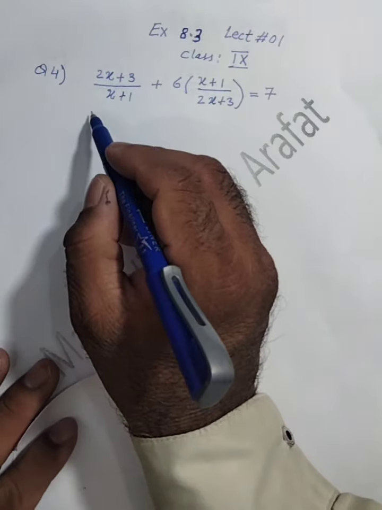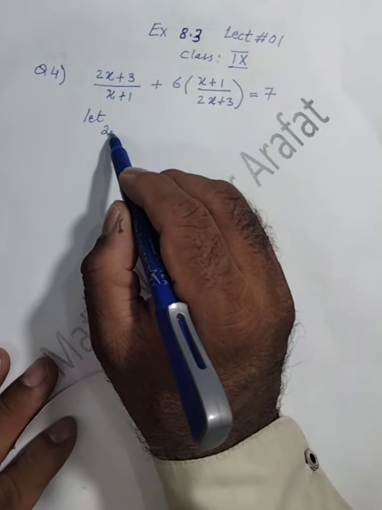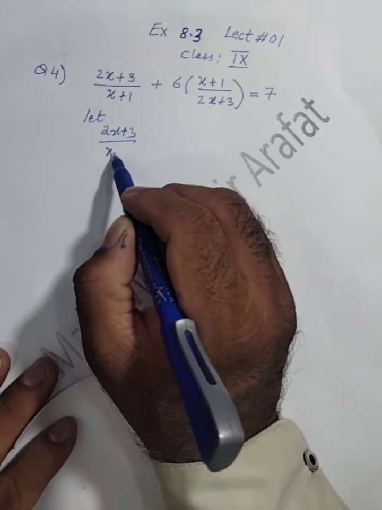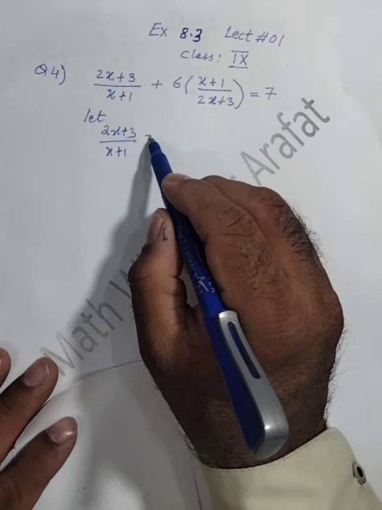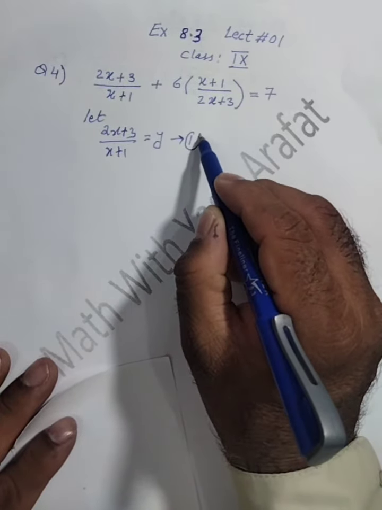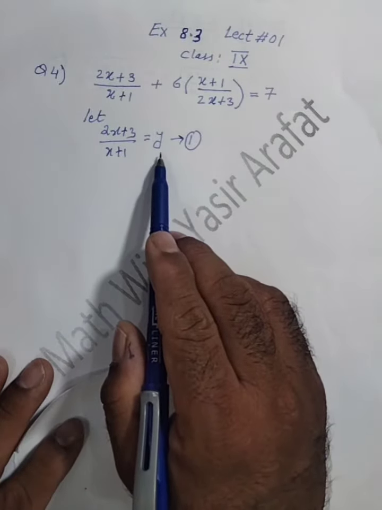So we have to suppose that (2x + 3)/(x + 1) equals y, and this is equation number 1. And why do we do this activity?